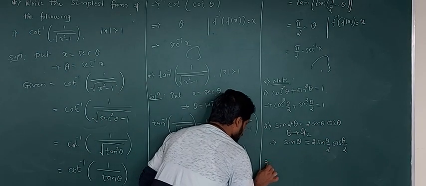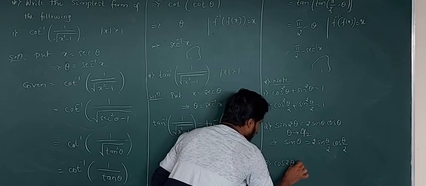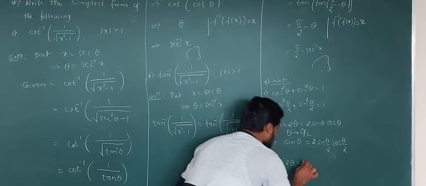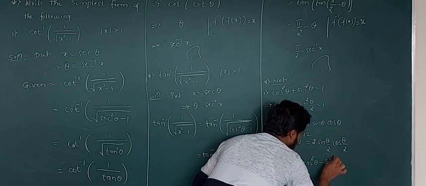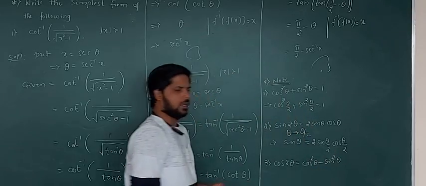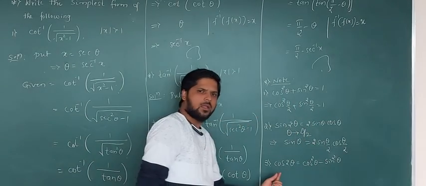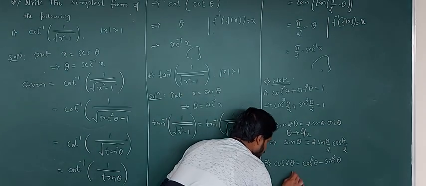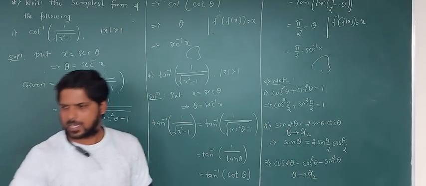And the third one is the cos 2 theta formula. The first formula for cos 2 theta is cos square theta minus sin square theta. To get cos theta, theta is again replaced by theta by 2.